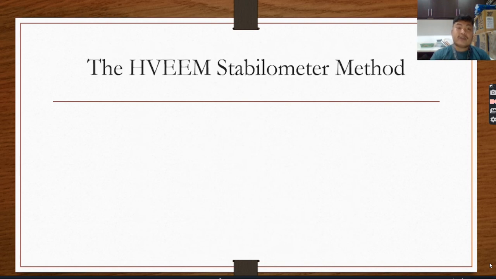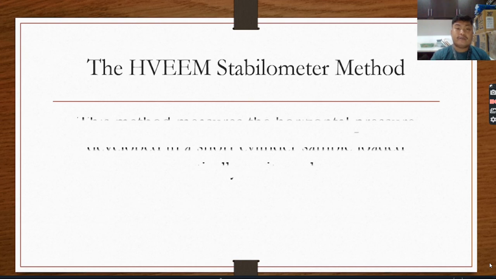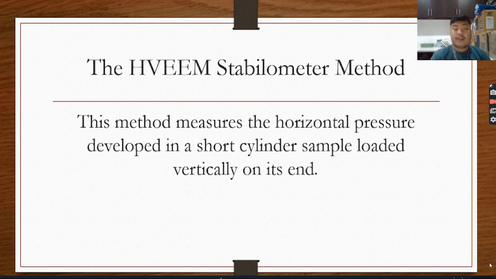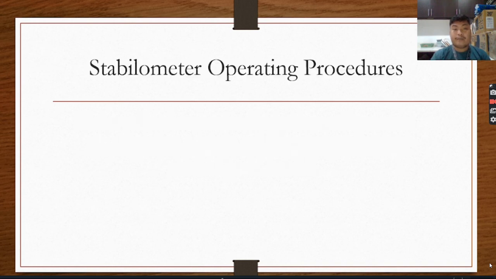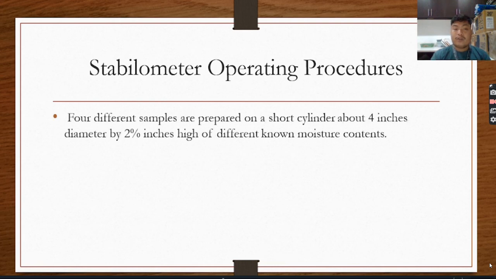So the next strength test is the Hveem stabilometer method. This method measures the horizontal pressure developed in a short cylinder sample loaded vertically on its end. Stabilometer operating procedures. Four different samples are prepared in a short cylinder about 4 inches in diameter by 2.5 inches high, of different known moisture contents.